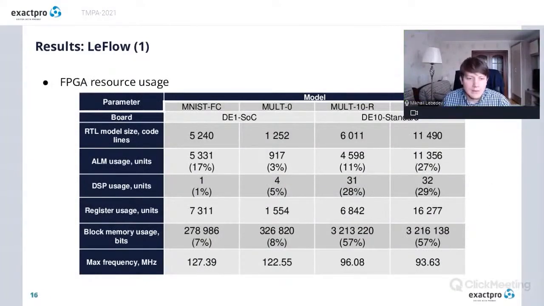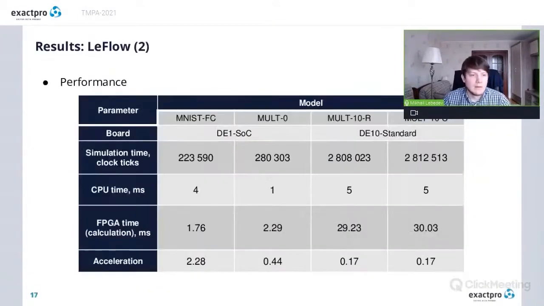So here you can see the resource usage of the synthesized designs, the models, and also the RTL code size and the maximum frequency of the synthesized designs. On the next slide, there are the performance results.